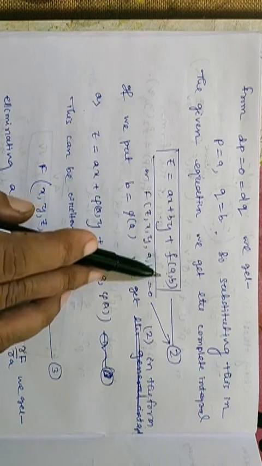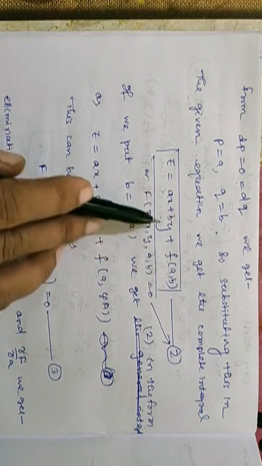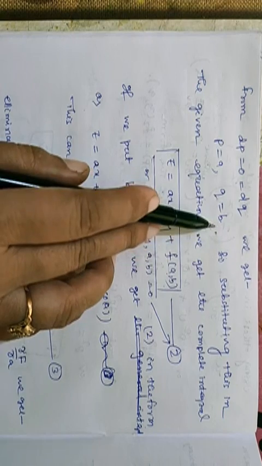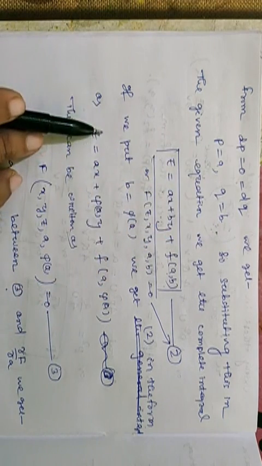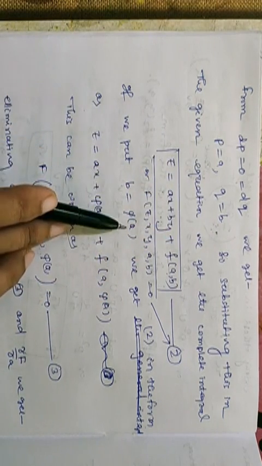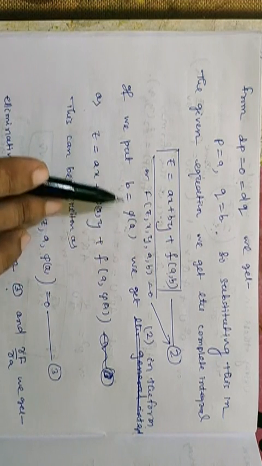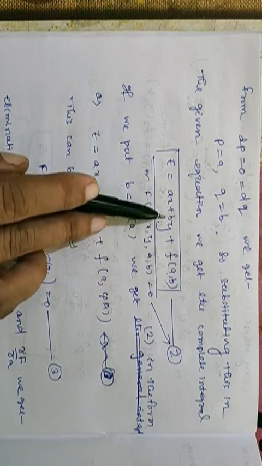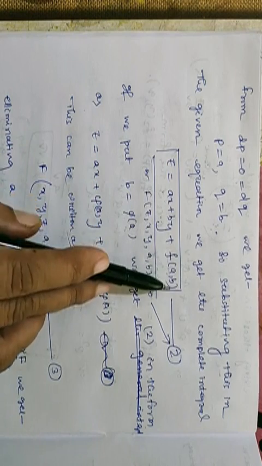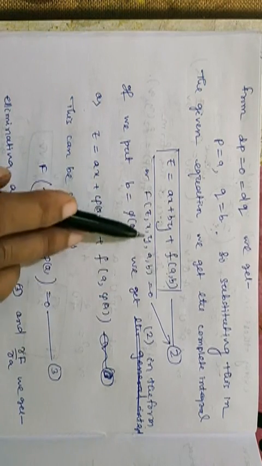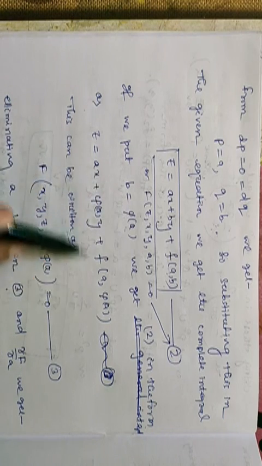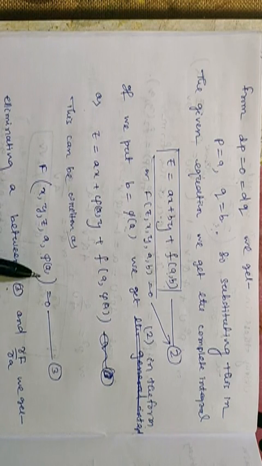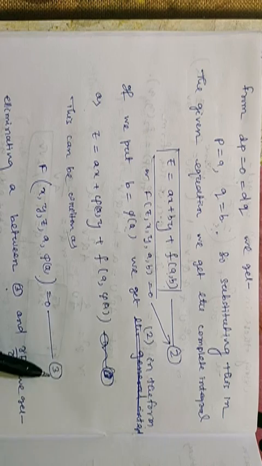Now because a and b are constants, a can be written as a function of b, or b can be written as a function of a. Let us write b as a function of a. Then the equation becomes z is equal to ax plus phi(a) y plus f(a, phi(a)). In place of b we write phi(a), a function of a. Let it be equation 3.